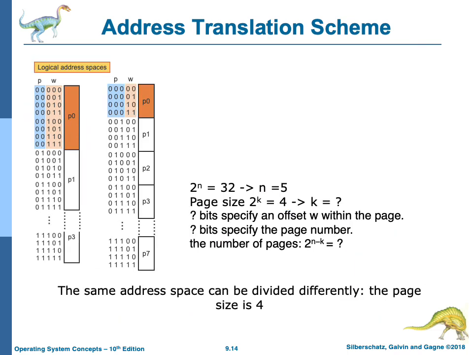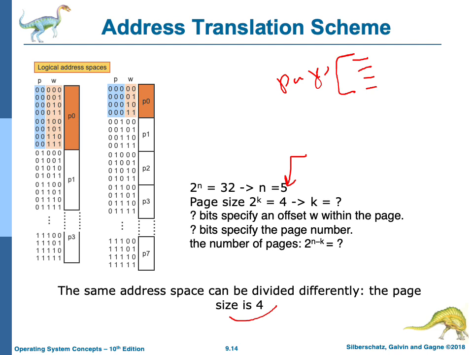Now, if I decided to divide my logical space differently, which means I will choose a different page size. In the first example, we chose a page size of 8. Now, what if I want a page size of 4? So every page will just have 4 words. So the n does not change because the total space size does not change.